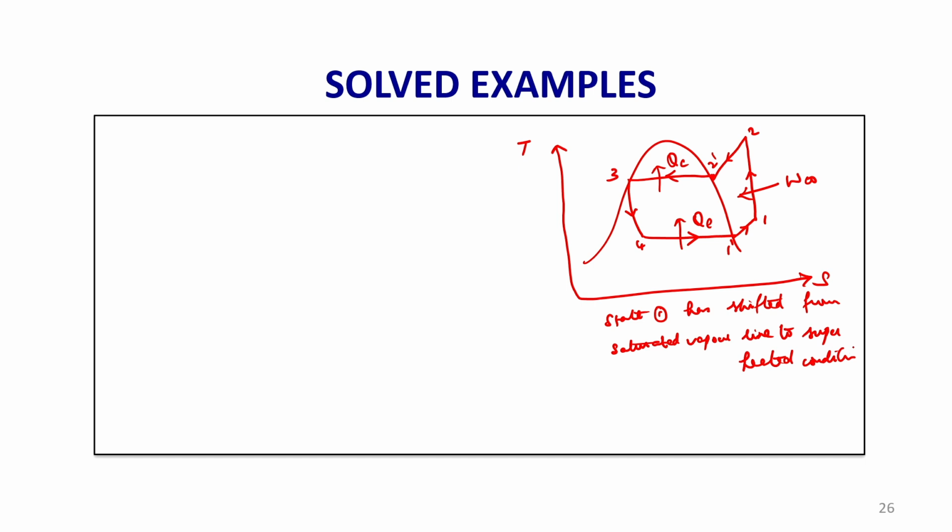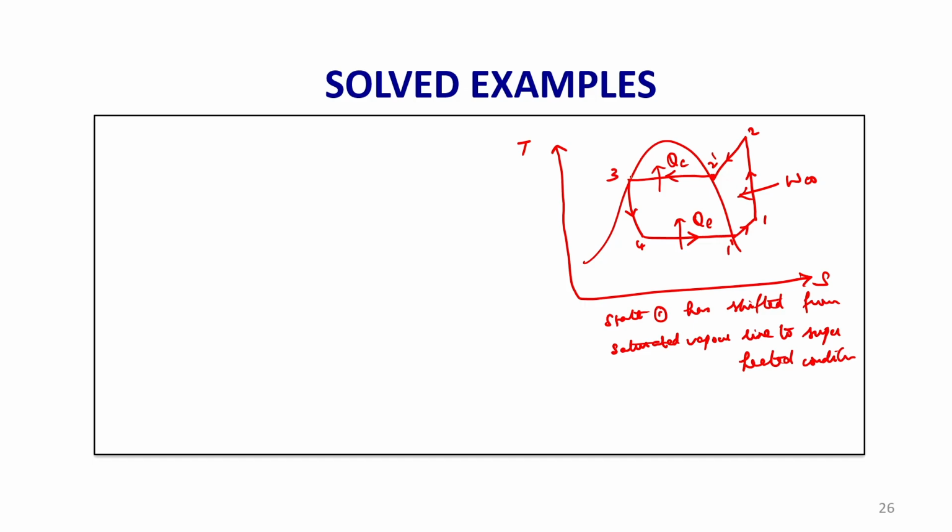Now, let us plot the temperature, because the procedure is more or less the same. Here the enthalpy at 3, like the base case, equals enthalpy at 4, this is the saturated liquid enthalpy corresponding to this temperature. This temperature remains the same, 32 degree centigrade.